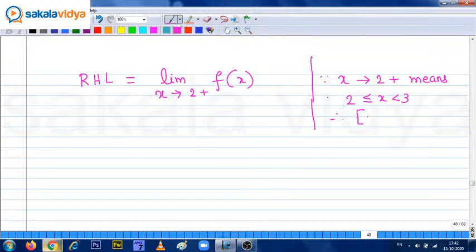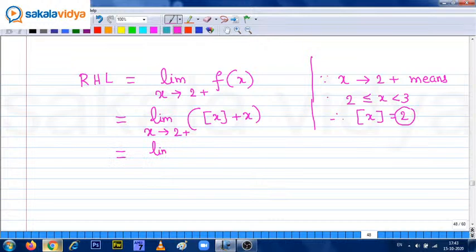Therefore, integral part of x becomes 2. So now the limit x tends to 2 plus integral part of x plus x. Now the integral part of x is replaced by 2.